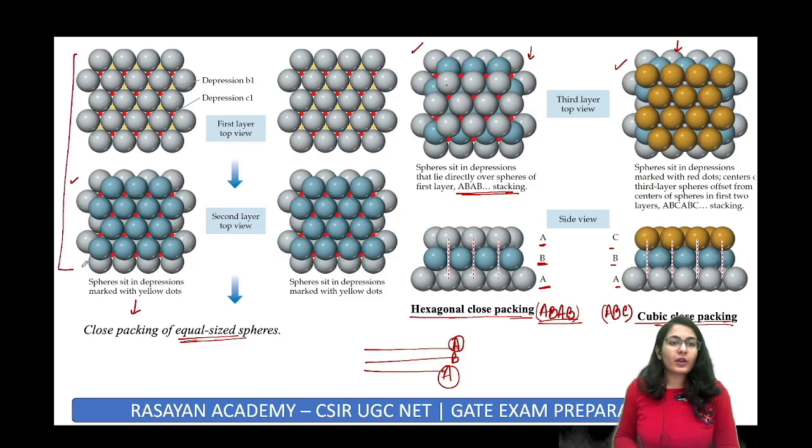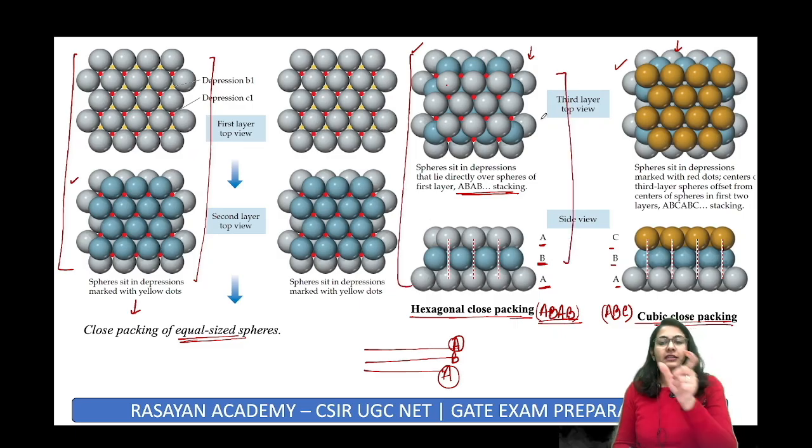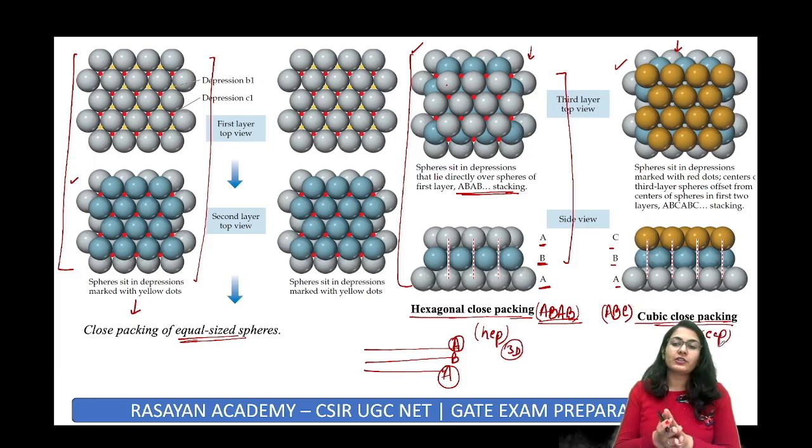This side of the diagram is for the ABAB, and the other side is for this one. So now it is very clear what HCP close packing in 3 dimensions is and what CCP close packing in 3 dimensions is. Cubic close packing is CCP, HCP is hexagonal close packing, ABAB and ABC respectively. Okay, very nice and clear.